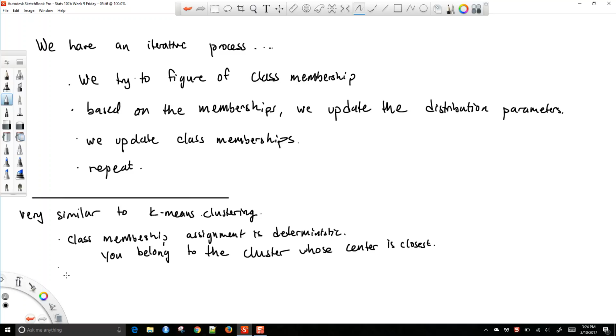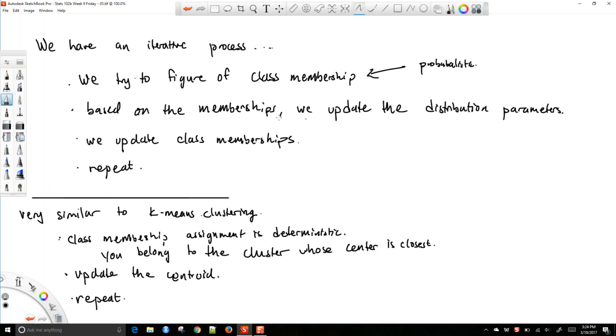Then you update the centroid and repeat. With the EM algorithm, when we figure out the class membership, this is going to be probabilistic. Probabilistic. I don't know how to spell this.